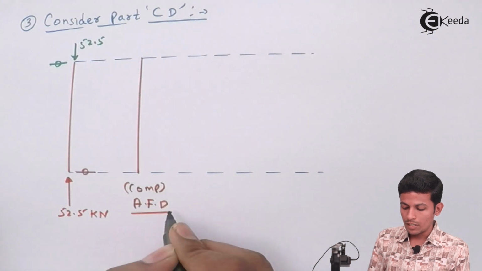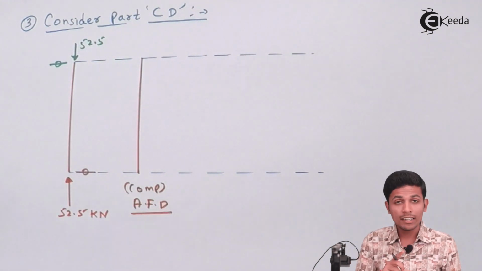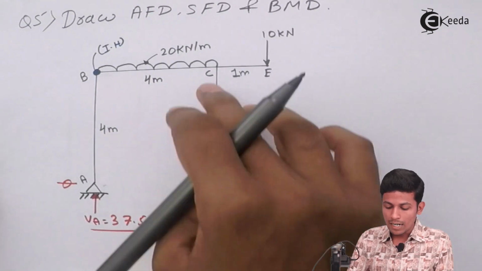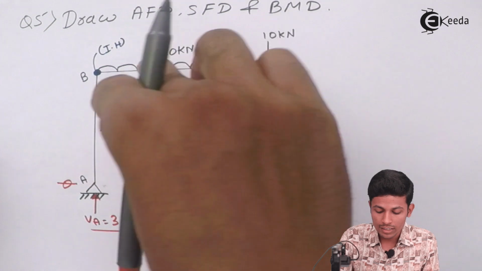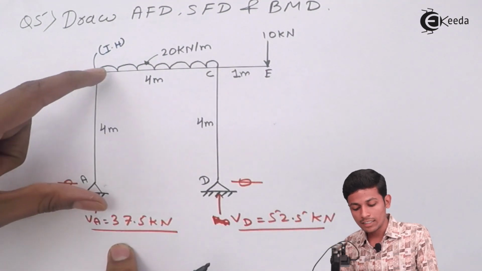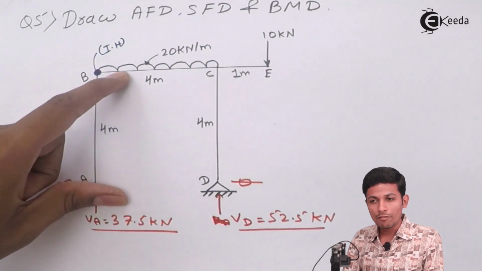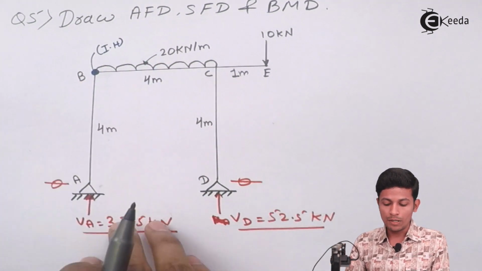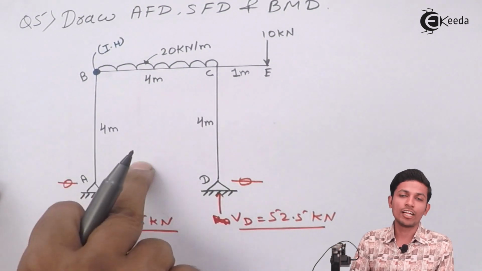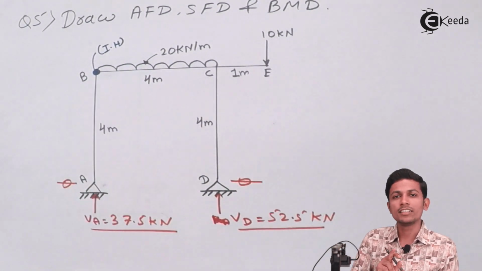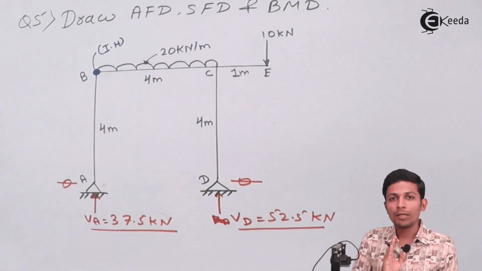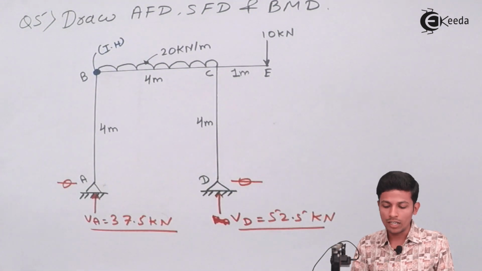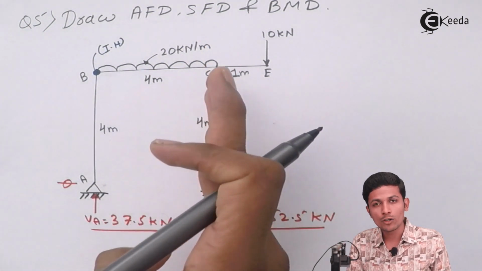Please remember, minus means we have to draw inside the frame. In part CD, inside the frame means we have to draw in this way. In part AB we can draw from left to right, but in CD part we have to draw from right to left. As you are standing inside the frame, please remember these things. Negative sign means compression, and you have to draw the diagram inside the frame. Now CD part inside the frame is from right to left.